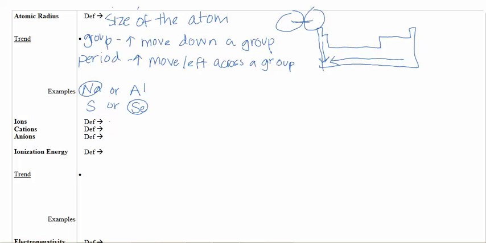But before we can talk about ionization energy, we've got some vocabulary we need to address. So ions are atoms that have lost or gained an electron.